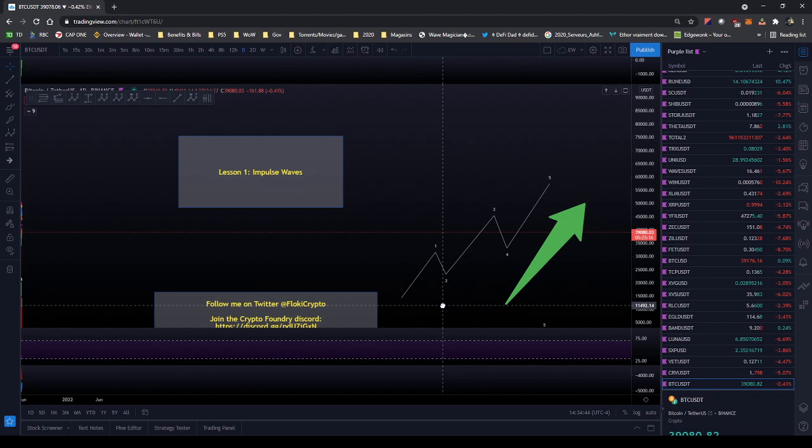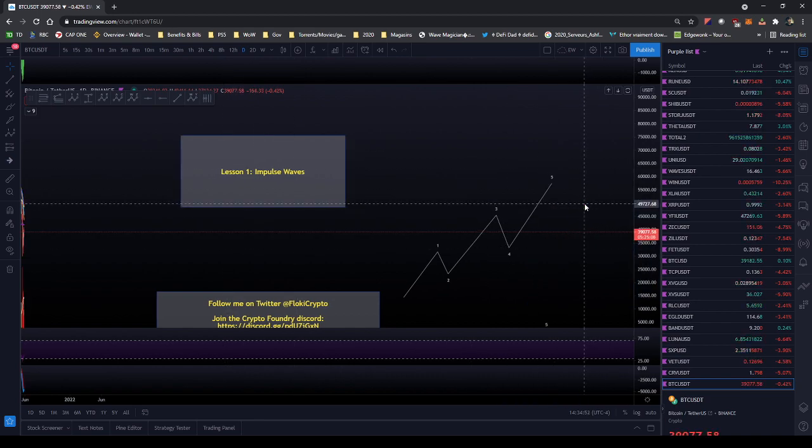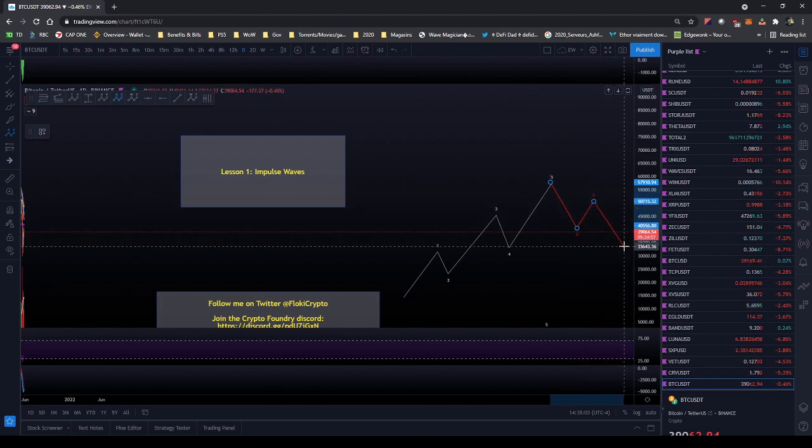So you have the impulse wave going up, which is then followed by a corrective pattern, the most basic of which is the ABC zigzag immediately after wave 5. Down, correcting upwards, followed by down.